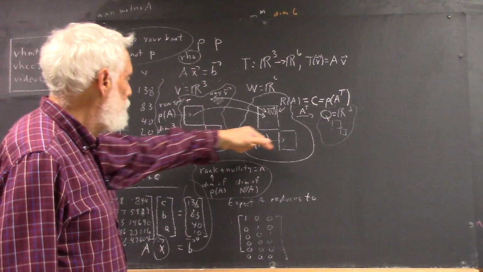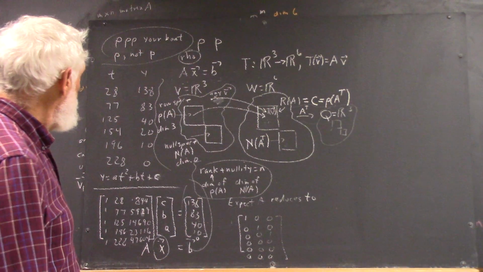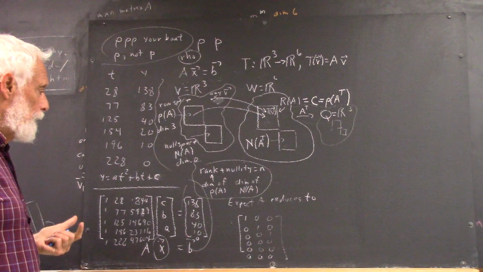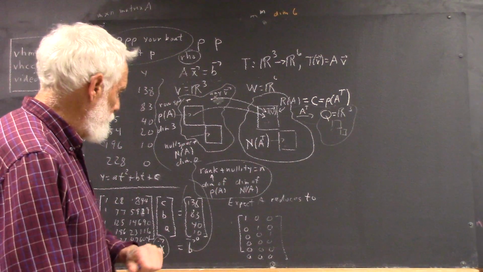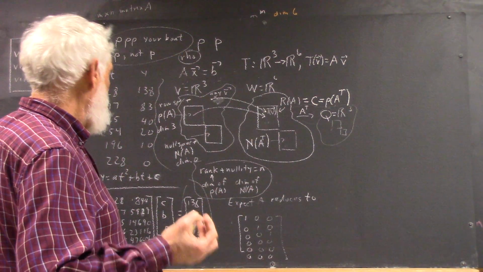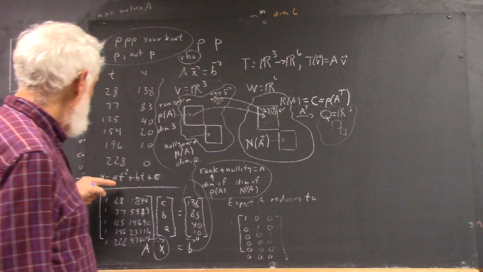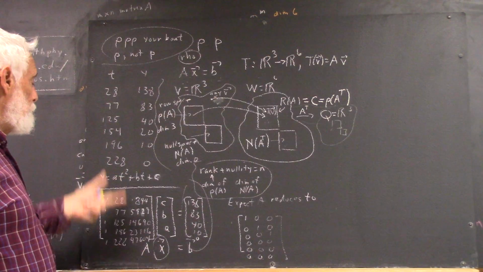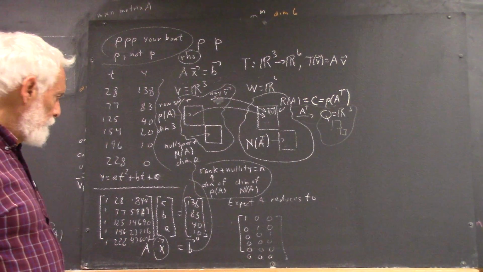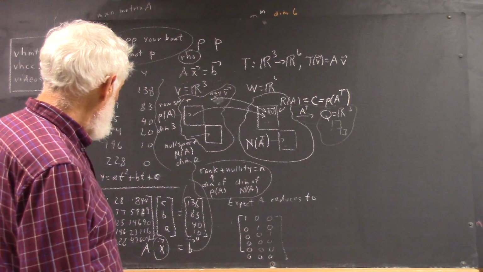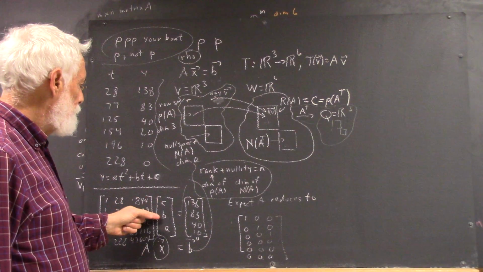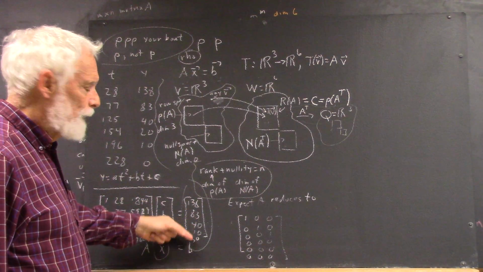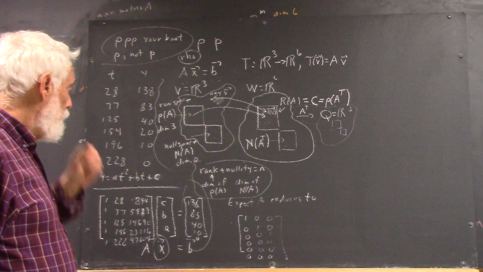So now we have our 4 basic subspaces, and we want to conceive of this problem in terms of those subspaces, because what comes out of this is not an invertible matrix. And it's got more rows than columns, so there's no reason to expect that you can find an A, B, and C that satisfy this equation.